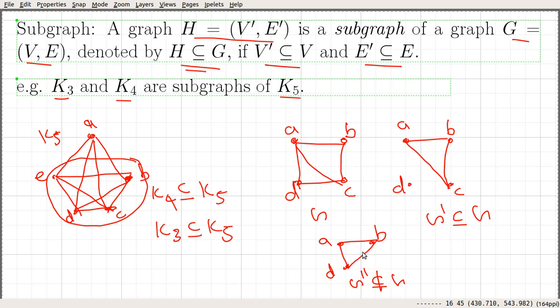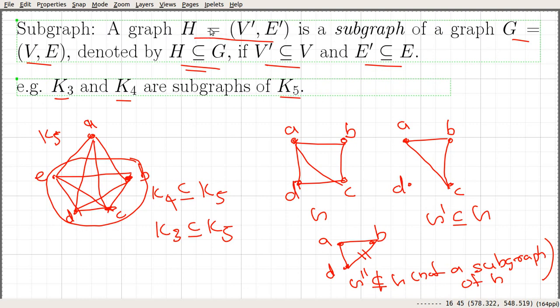This edge DB doesn't exist in G, and because of that reason, it is not a subgraph of G.